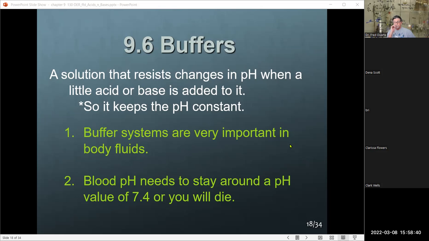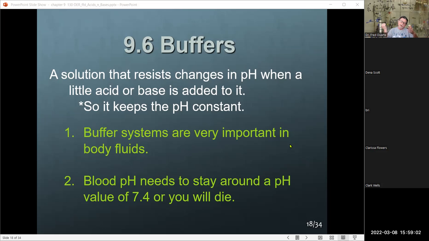Buffers are nothing more than a mixture of chemicals that help maintain the pH of whatever you set it for, okay? If you set it for, say, pH 7, you add enough of an acid and enough of the base, and you put them together.